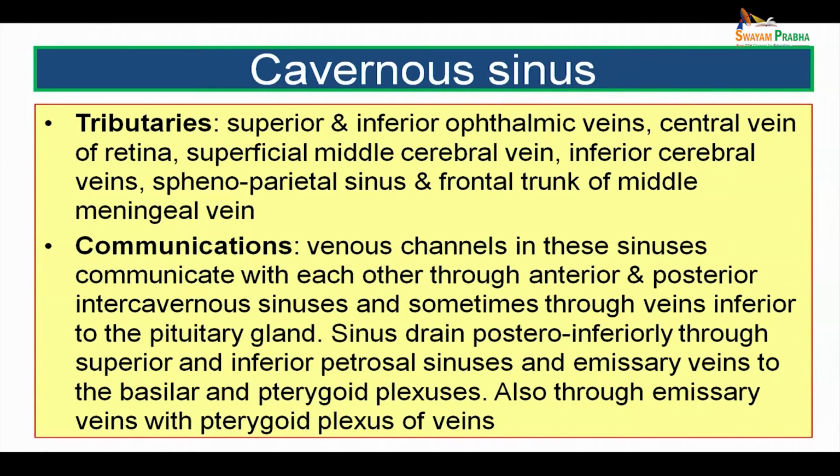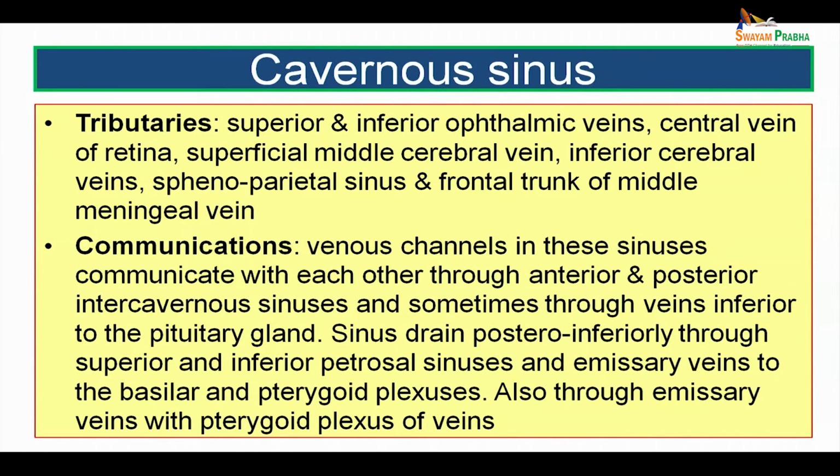From the brain tissue, it receives venous blood via the superficial middle cerebral vein and the inferior cerebral veins. And from the meninges, it receives through the sphenoparietal sinus and the frontal or anterior trunk of the middle meningeal vein.